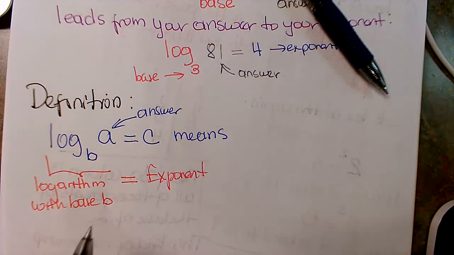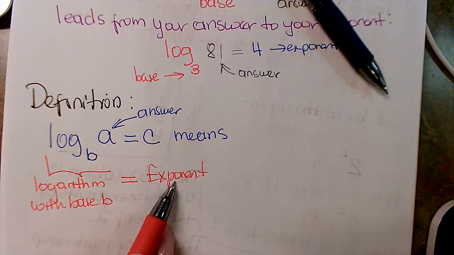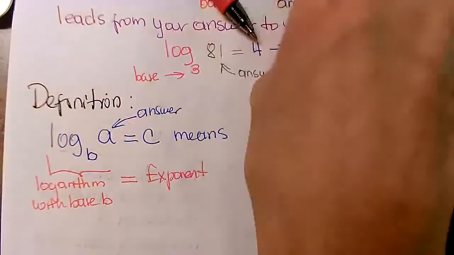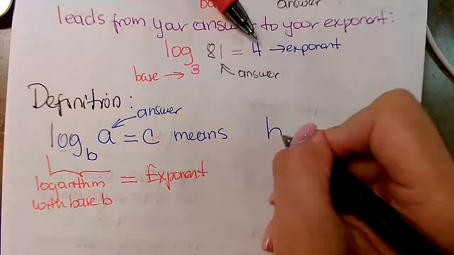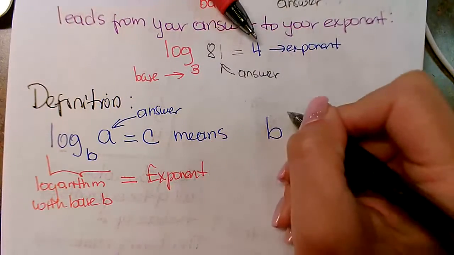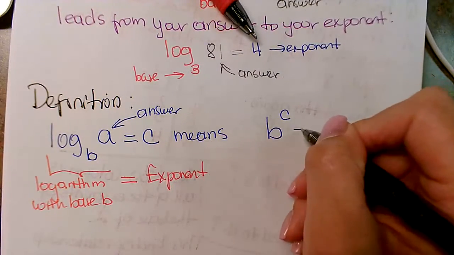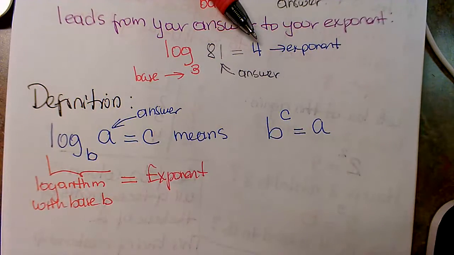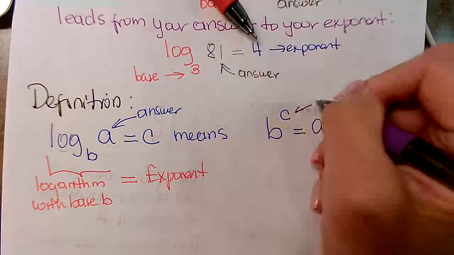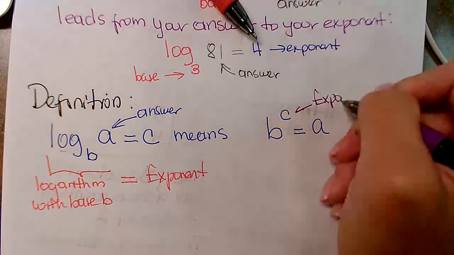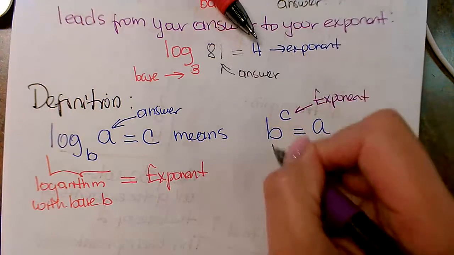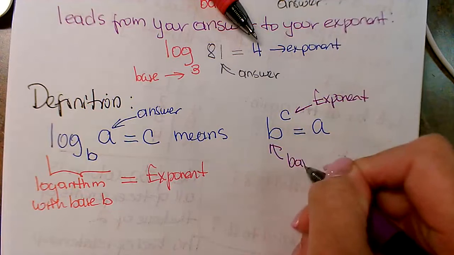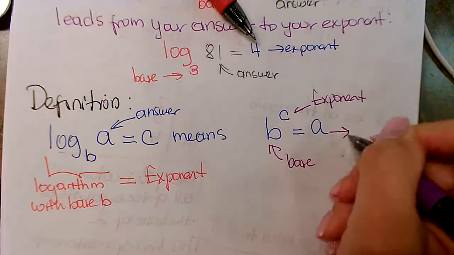And this means that b to the c power is equal to a. This is the exponent. This is the base. And this is the answer.